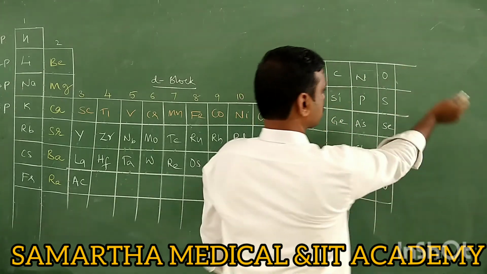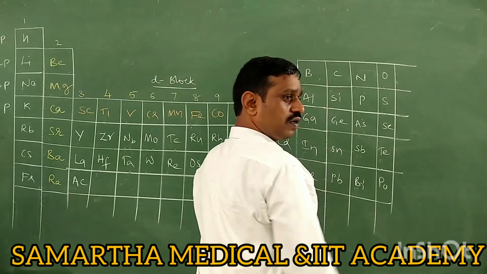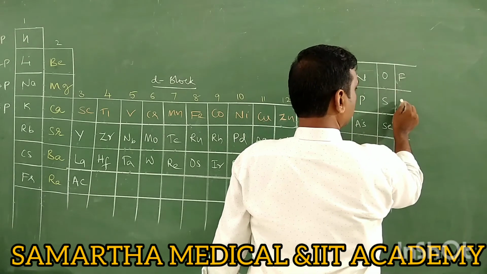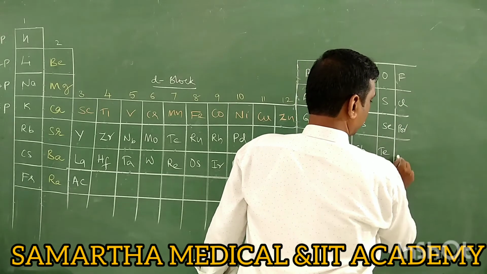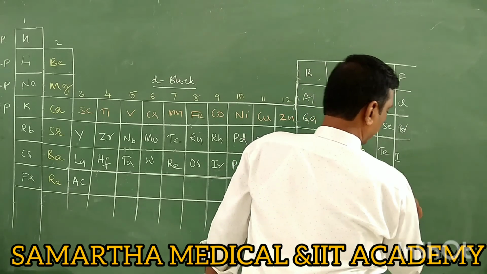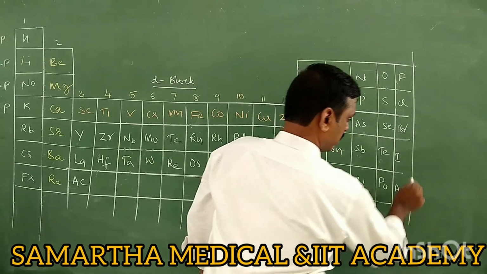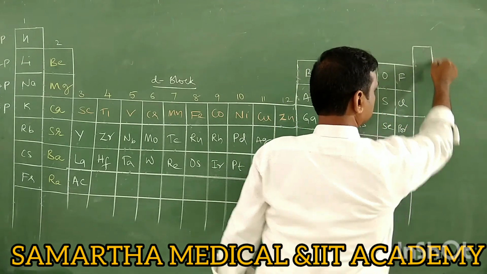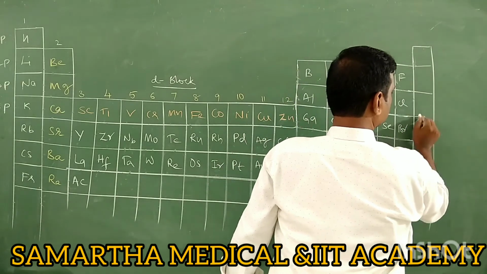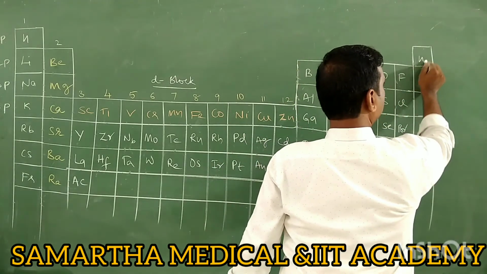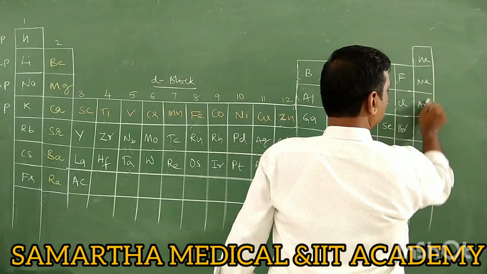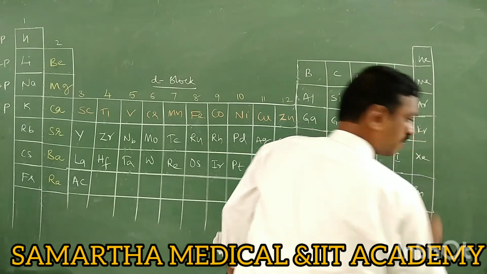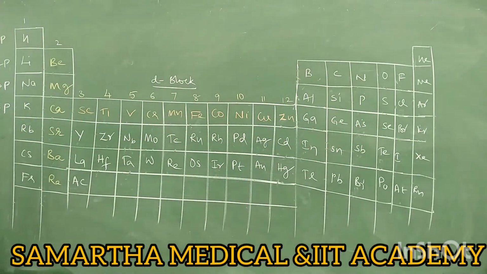Next, fluorine, chlorine, bromine, iodine, astatine. Next is helium, neon, argon, krypton, xenon, radon. See how simple it is.